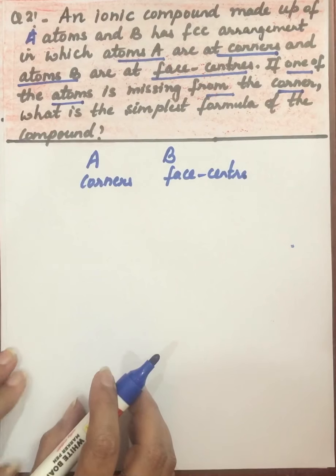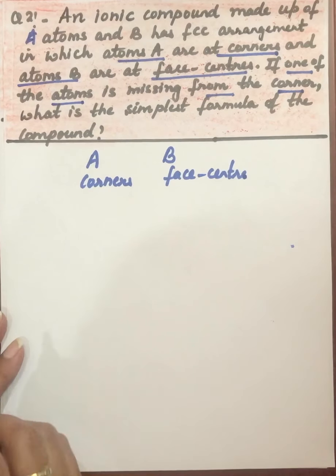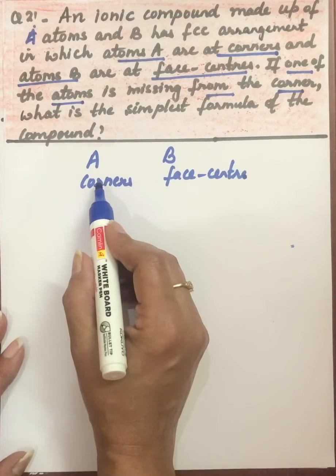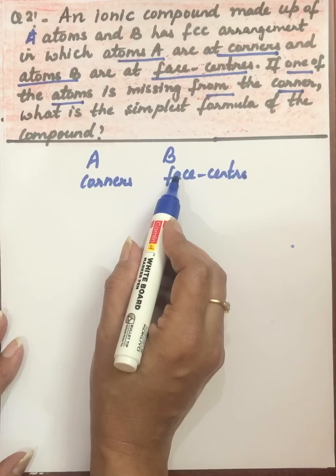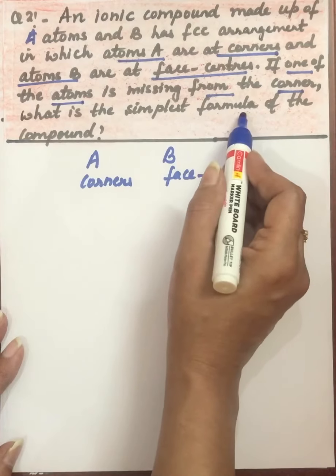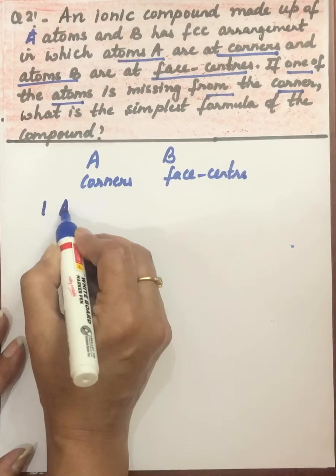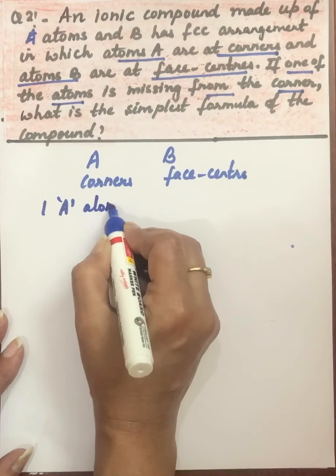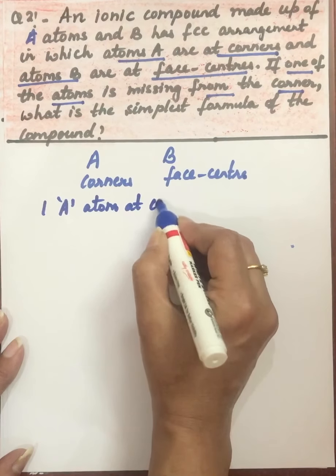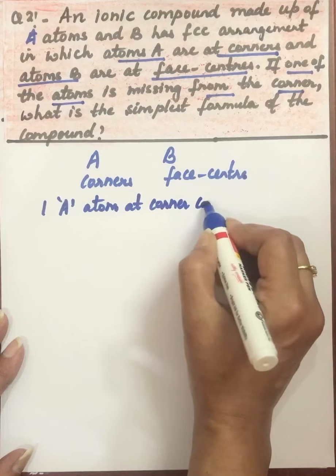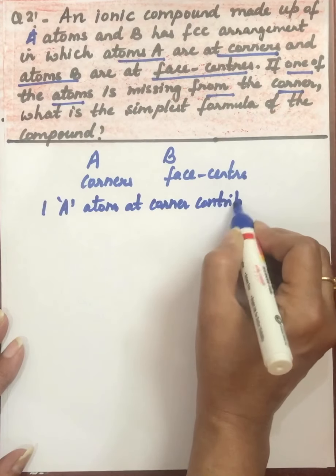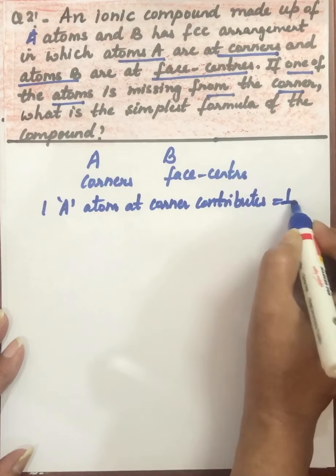What is the simplest formula of the compound? Like the previous numerical, again we find the ratio of A and B atoms in one unit cell. That ratio will give us the simplest formula of the compound. So 1 A atom at a corner contributes how much? 1 by 8.